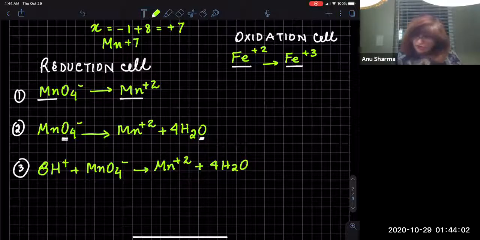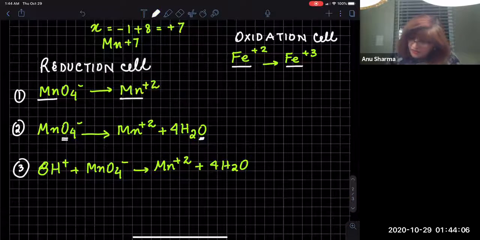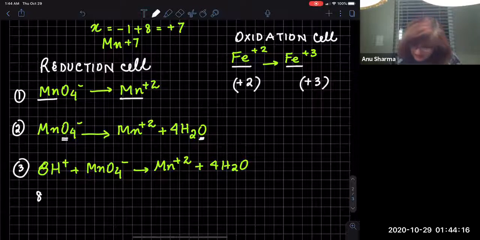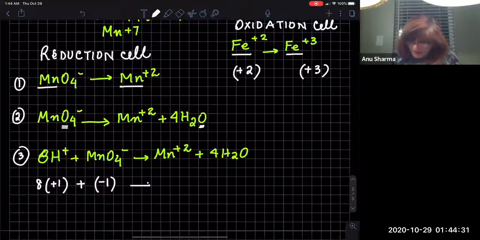Now let's count the charges. The way I do it is, here you're going to have 2 plus charges, and here you have plus 3 charges. Here you have 8 charges, or plus 1 each. And then you have 1 negative charge coming from the MnO4.